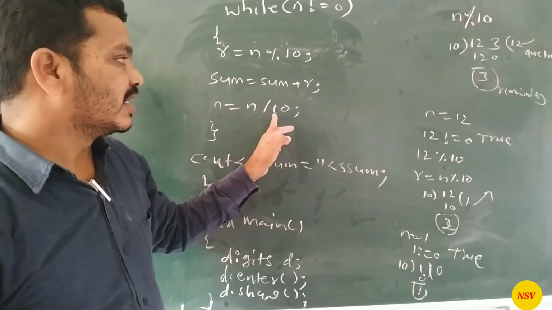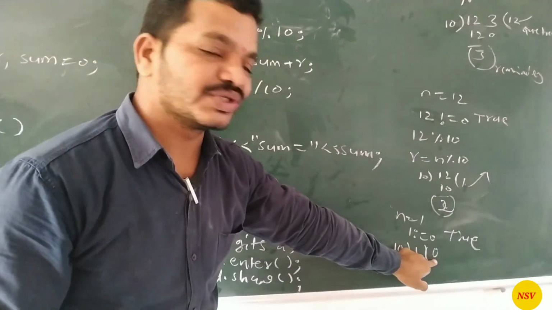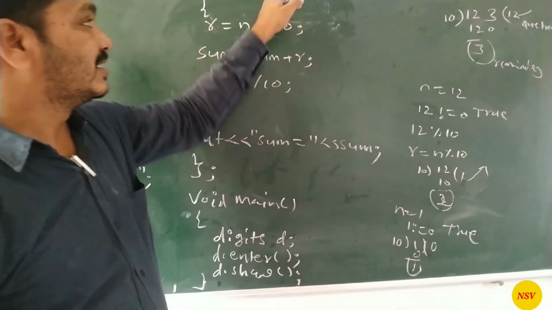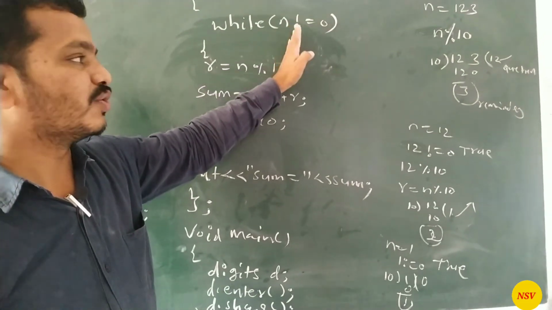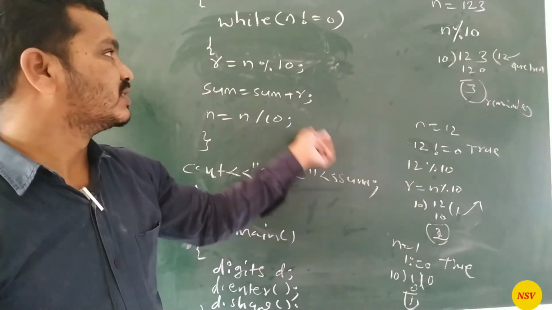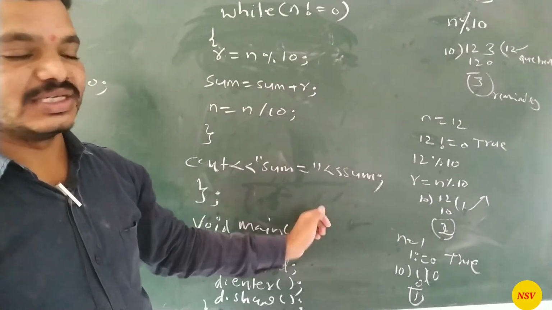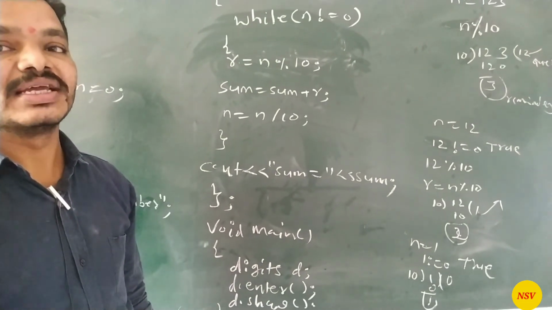Then n is equal to n division 10, which returns the quotient value 0. Again the condition is checked: 0 is not equal to 0 is false. Then control terminates from the loop, and it prints the sum value. The sum value is 6. So this is the program to find the sum of digits of a given number.